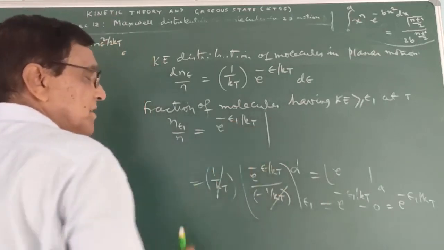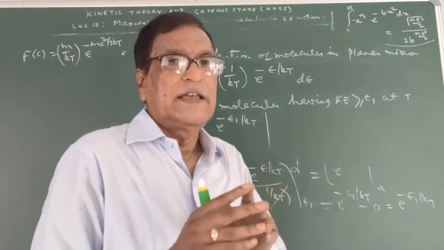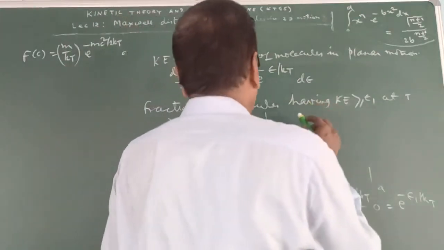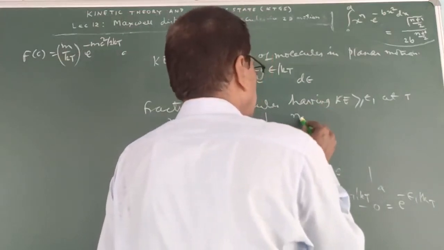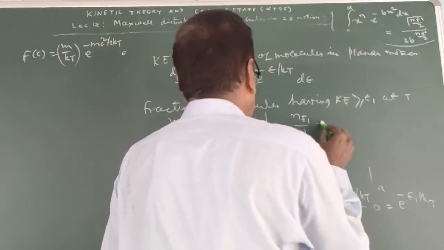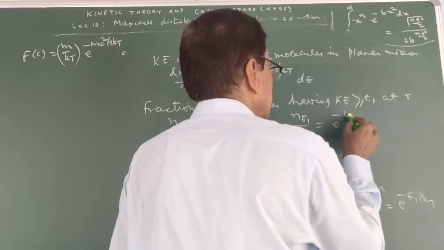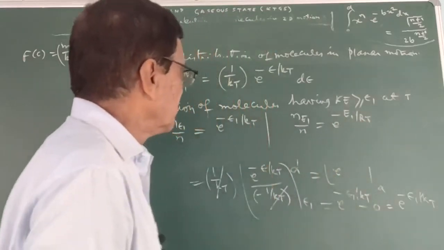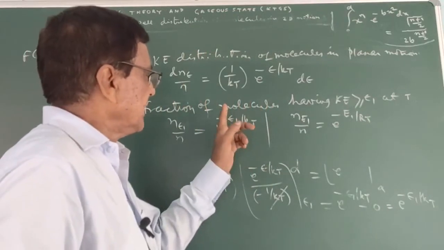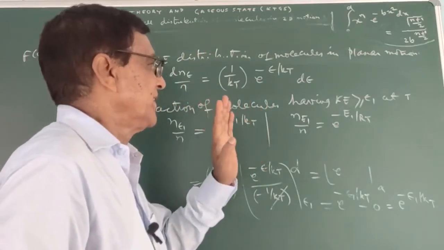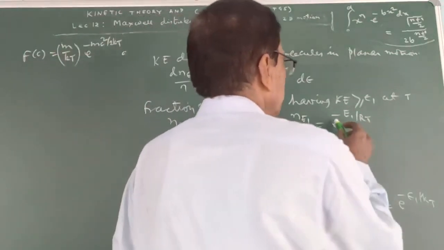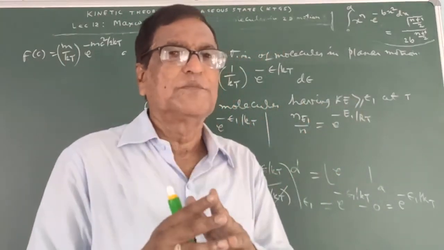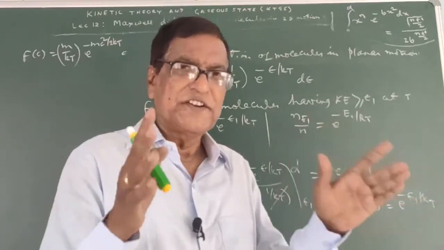If this epsilon is expressed in kinetic energy per mole, then N E1 by N is equal to e to the power minus E1 by RT. Avogadro number is multiplied in the numerator and also the denominator, and these will be the expressions whenever E1 is expressed in terms of kinetic energy per mole.